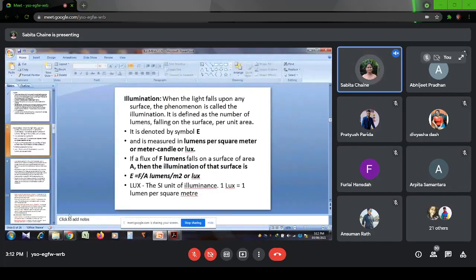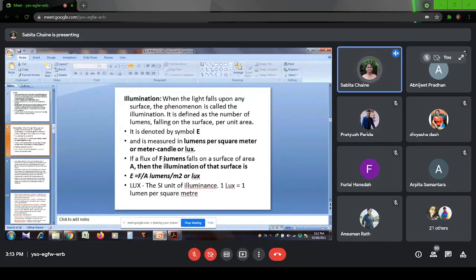Clear? If you represent it symbolically, E equals F by A. F is the luminous flux per unit area, so F by A is lumens per square meter. A is the surface area.